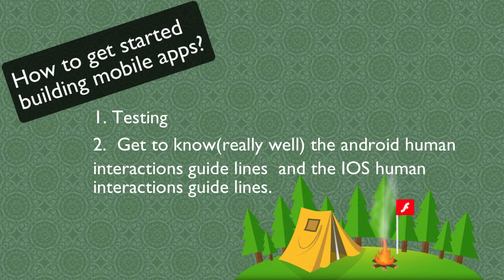There is just a ridiculous amount of information in both of those guidelines, better on iOS than on Android. But that is the first place to go because that's really almost better than anything else. Take a look at your design patterns. There's lots of great books as well out there.